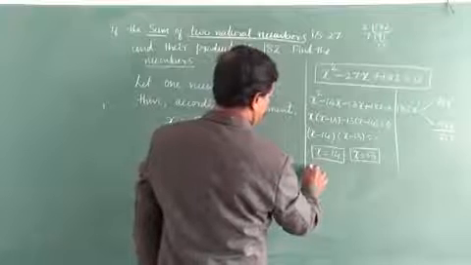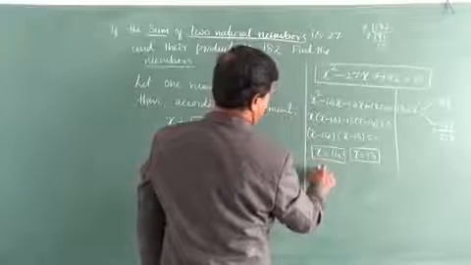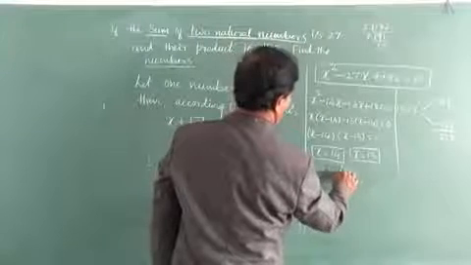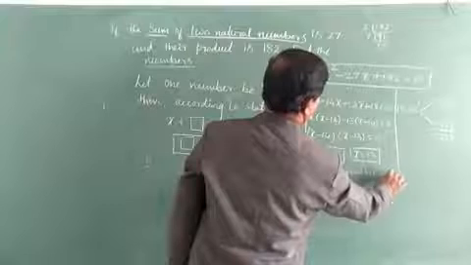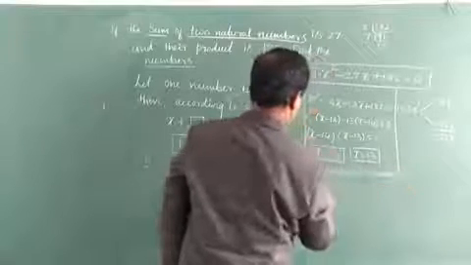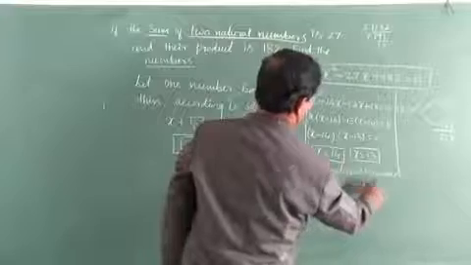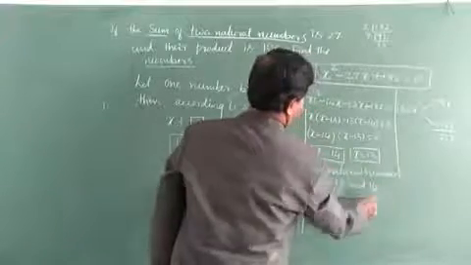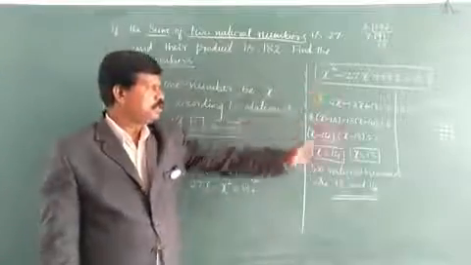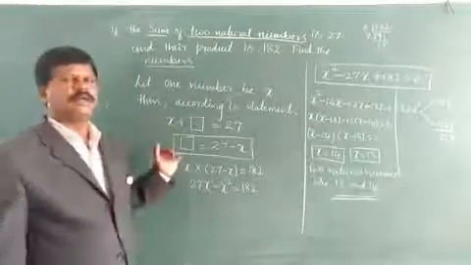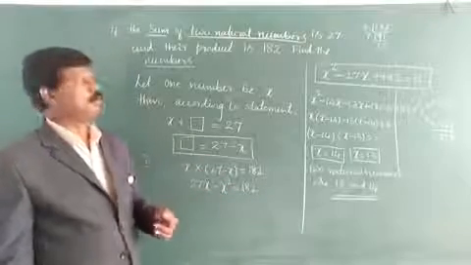So the two natural numbers are 13 and 14. This is the way of solving quadratic equation word problems.